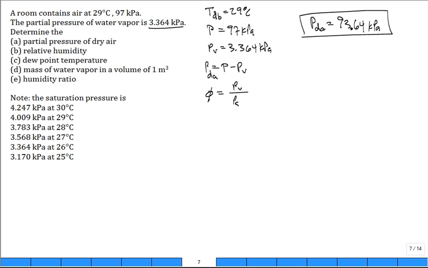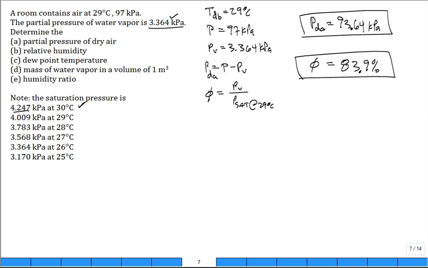PV over Psat. And it's Psat at the 29 degrees C. So our current pressure, 3.364 divided by 4.247 gives us a relative humidity of 83.9%.